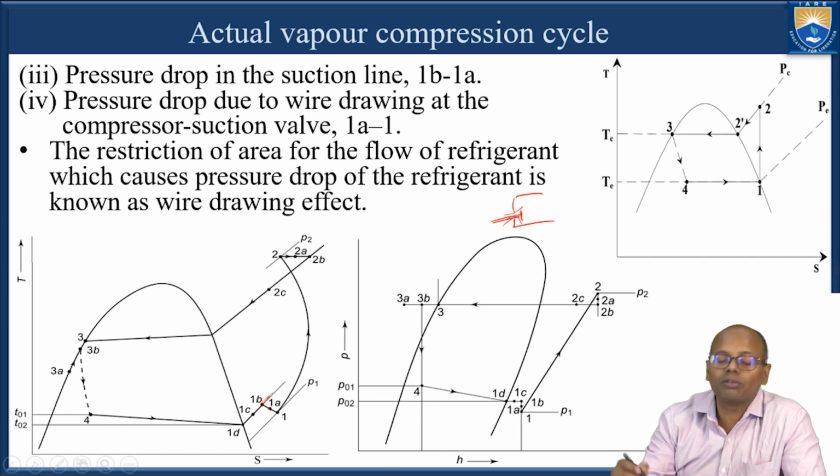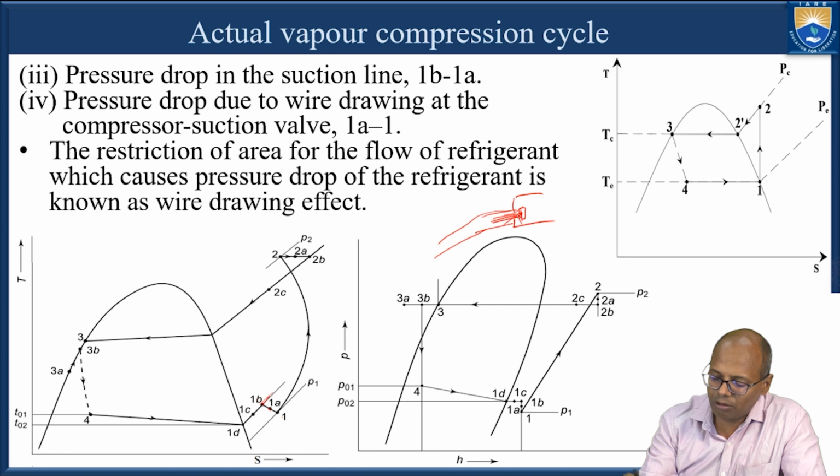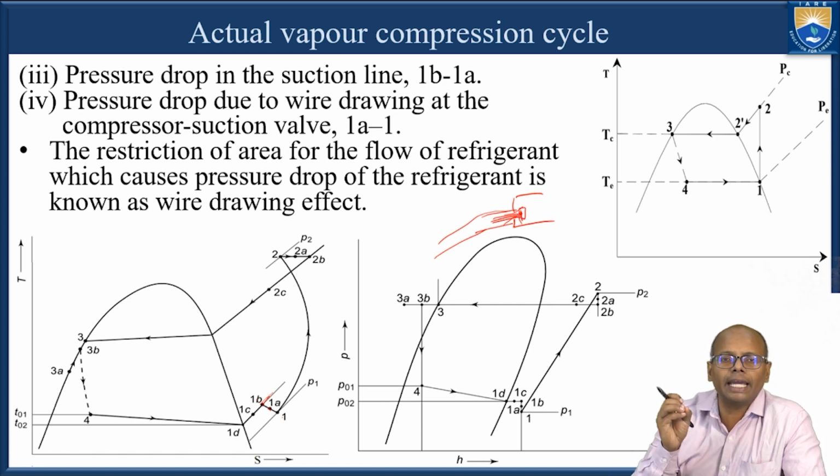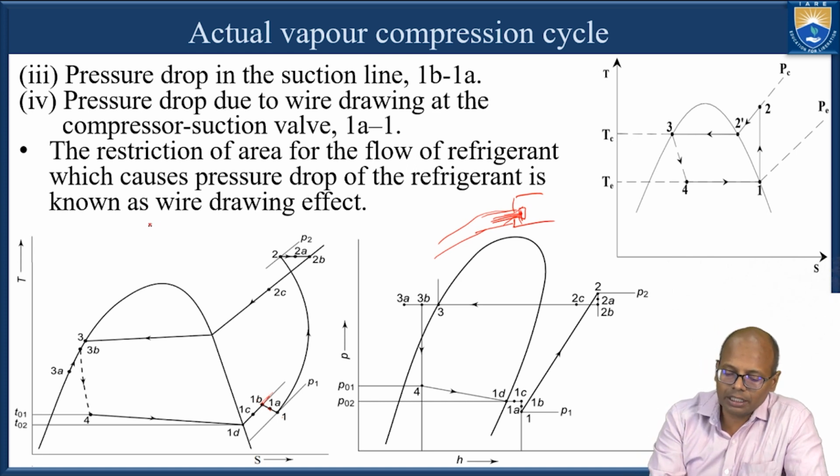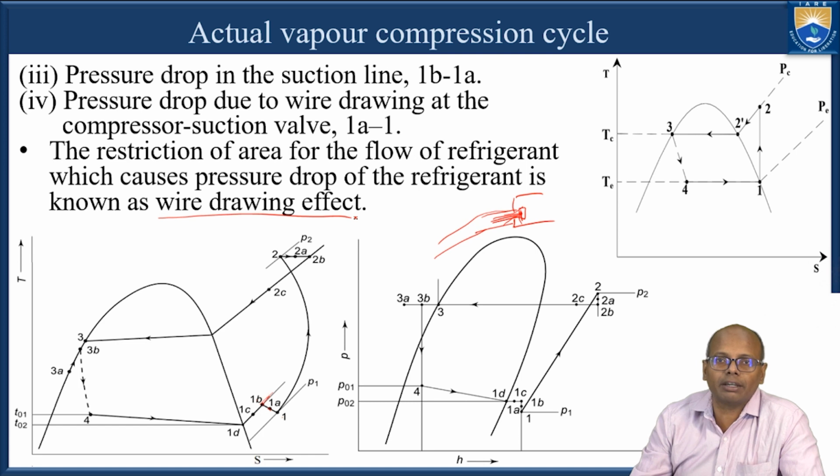This is the pipe connecting the evaporator and the compressor, and at the junction we have a valve, so that the fluid is allowed only at some particular point of time. That is the suction valve, and at the suction valve the area is reduced or restricted. So there is something called the wire drawing effect.